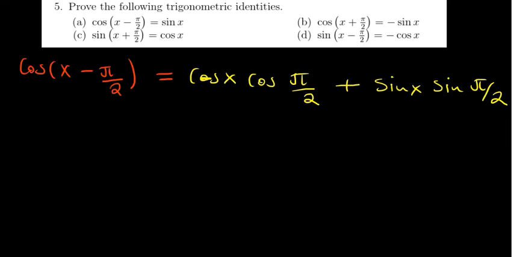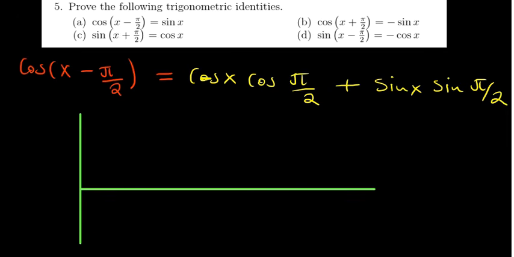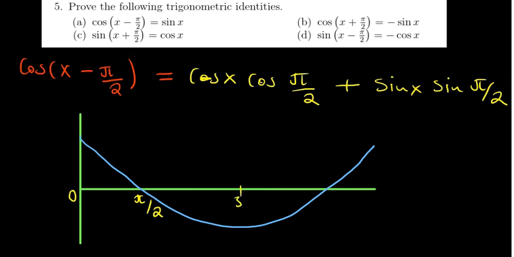By this time, you should also be conversant with the graphs of these. For cosine, the graph starts there like this. So we have 0, then pi over 2, which is a 90, of course, and then you've got 3 pi over 2, which is 270.